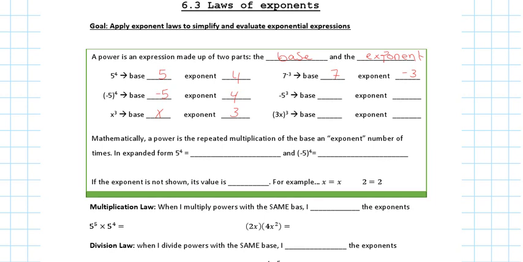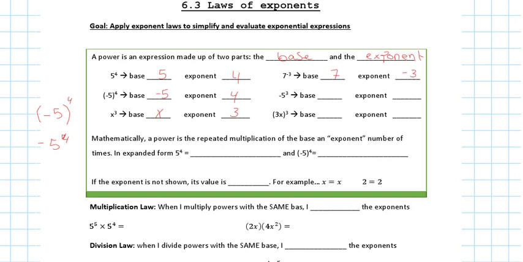There is a difference between negative 5 in brackets to the power of 4, and negative 5 to the power of 4 without brackets. In the first case, the whole negative 5 is to the power of 4. That's why I have the bracket, so my base is negative 5. But with the second one, only the 5 is to the power of 4. That negative is not to the power of 4.